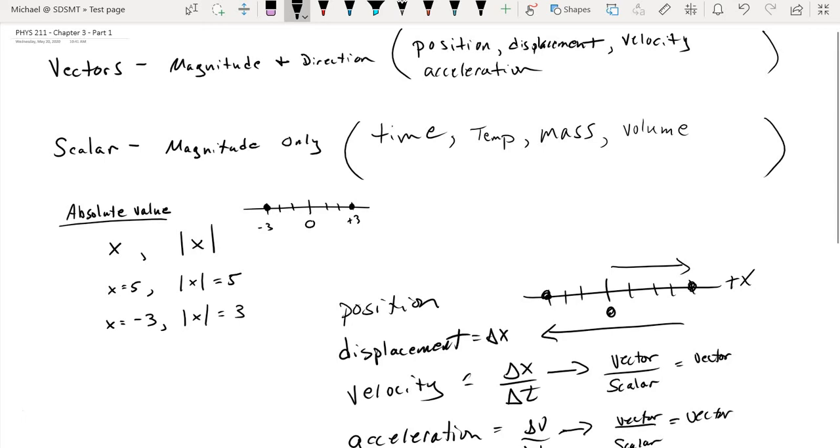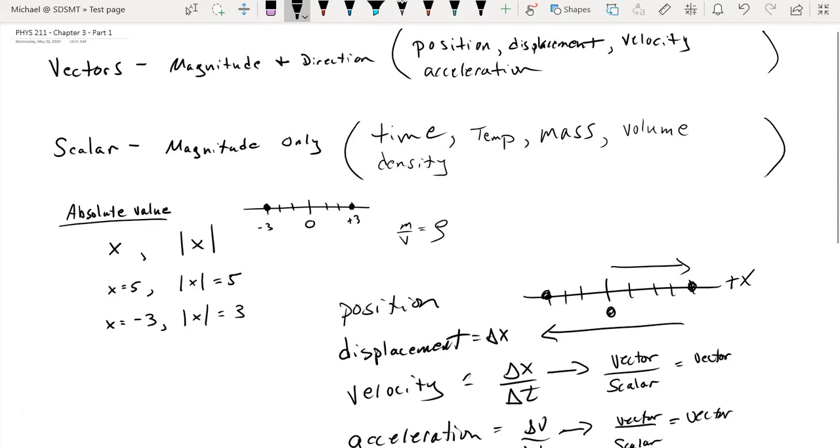And then if we start combining some terms like mass divided by volume, that gives us a term called density. And so density does not have a physical direction that it points, but it is something that can be measured.